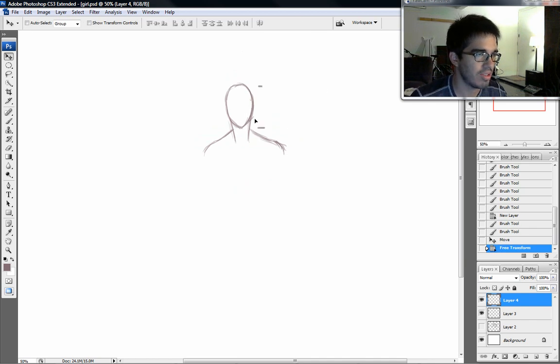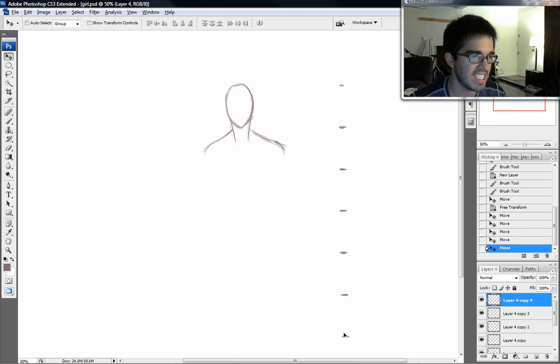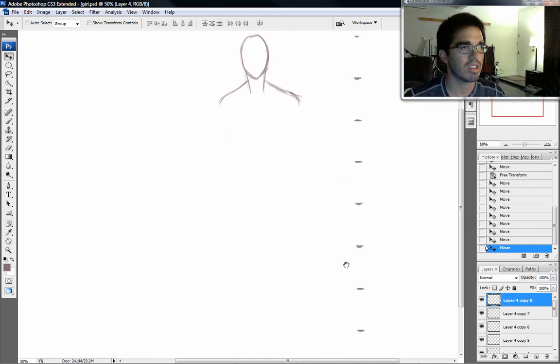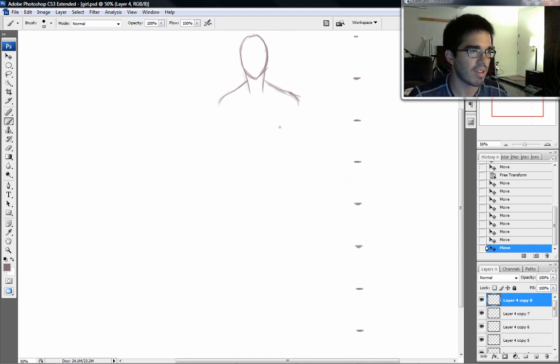And what you'll do is you move this out to the side, and we'll start to move these down. So that's 2, 3, 4, 5, 6, 7, and 8. And I'll just put another one in there for good measure, because our figure is going to be around 8 heads tall. Just a little bit longer than that.